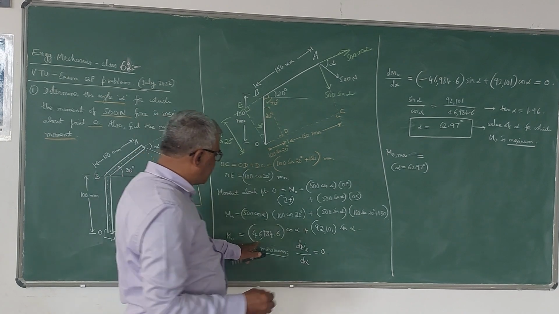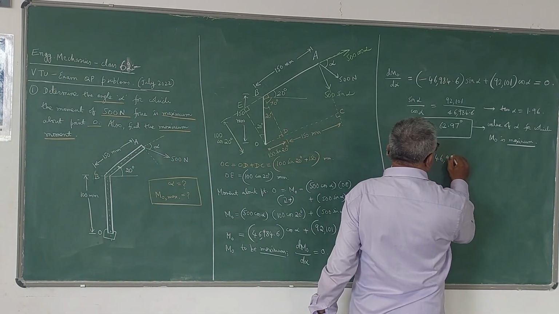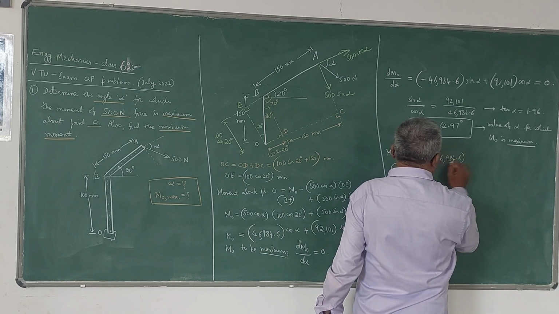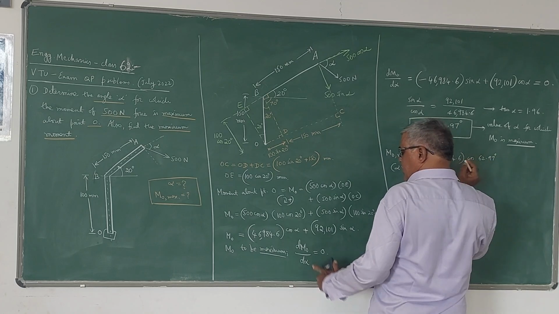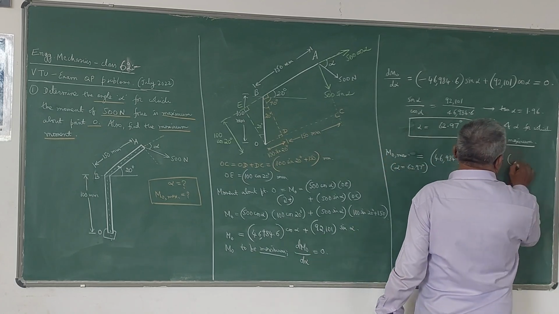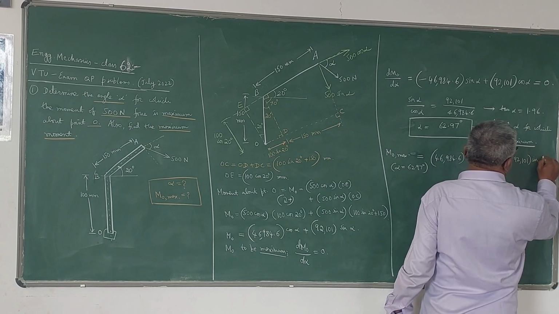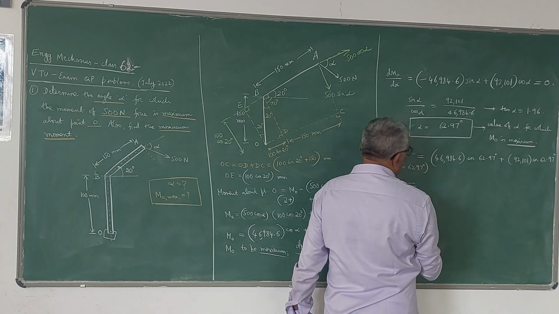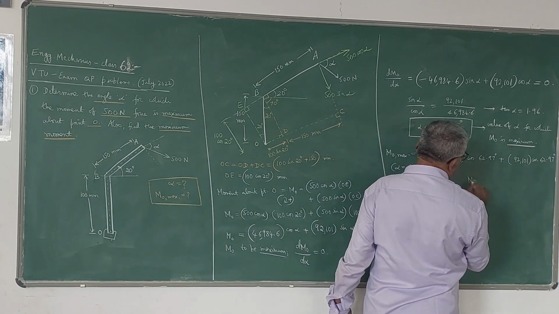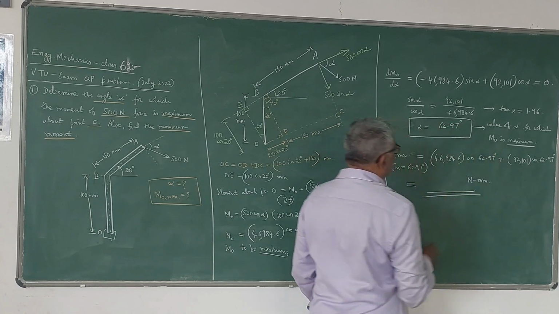46,984.6 into cos 62.97 degree plus 92,101 into sin 62.97 degree. If you simplify this, you get the value of the maximum moment at O in Newton millimeter, because moment is force into perpendicular distance.